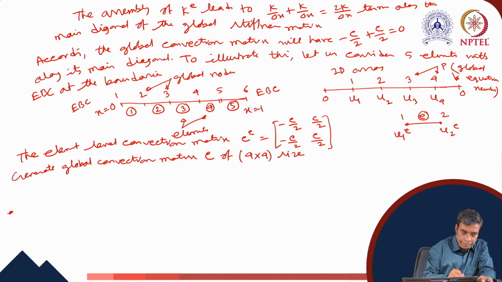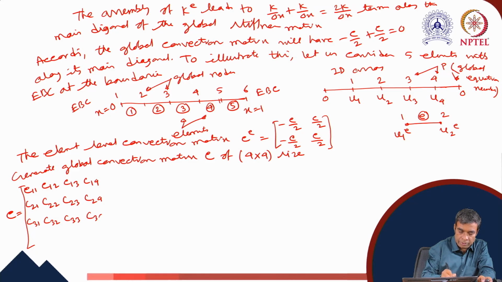So capital C equals C11, C12, C13, C14, C21, C22, C23, C24, C31, C32, C33, C34, C41, C42, C43, C44.